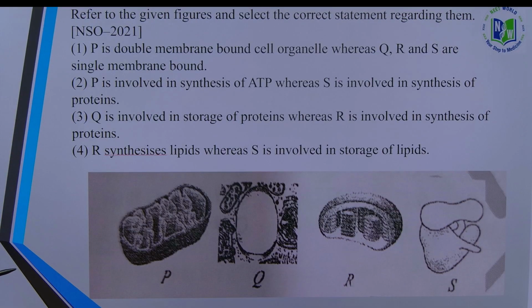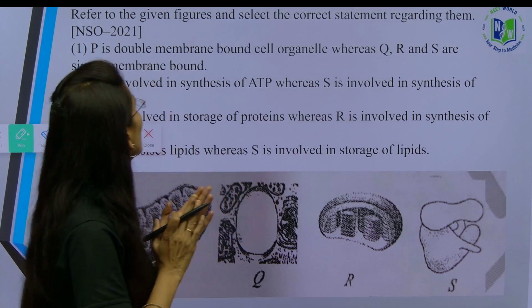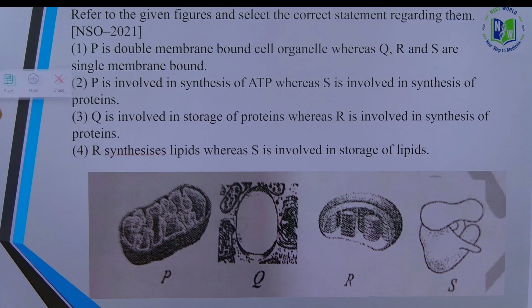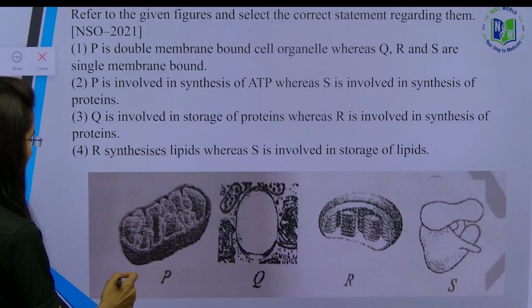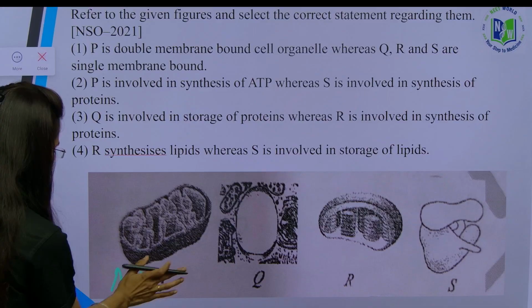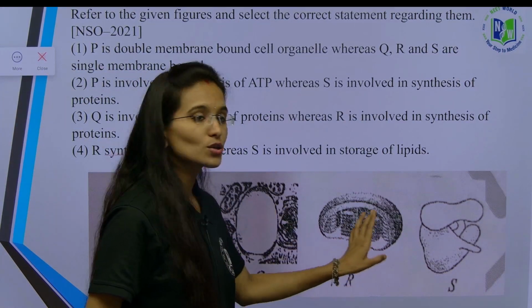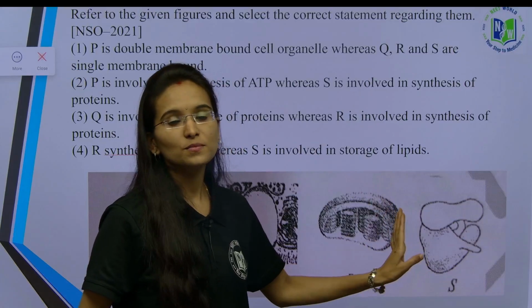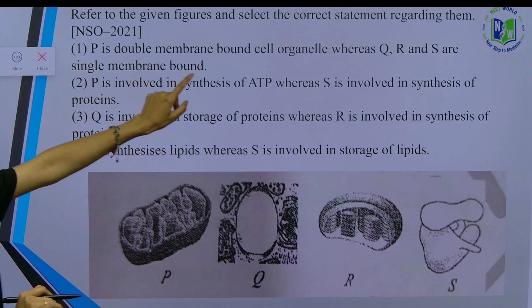Coming towards the last question: refer to the given figures and select the correct statement regarding them. First let's have a look at all these cell organelles. P is a mitochondria, Q is vacuole, R is chloroplast, S is ribosome. Regarding this you need to find the right option. Option 1: P is a double membrane bound cell organelle.